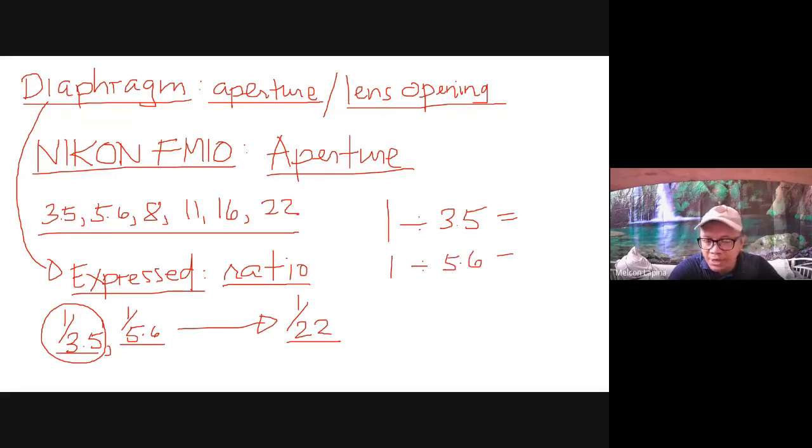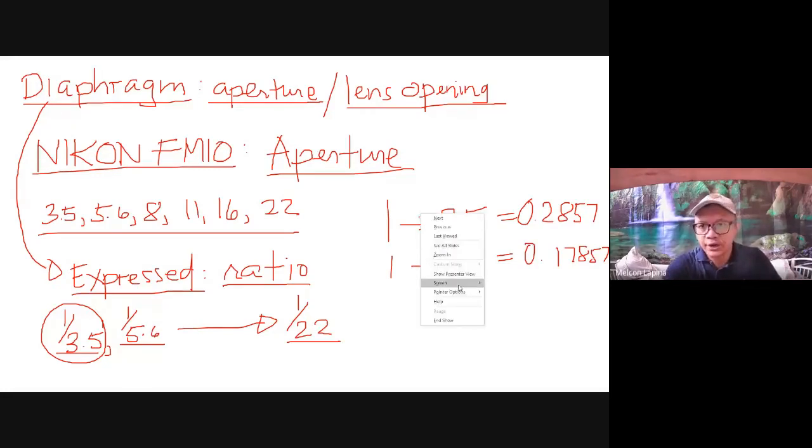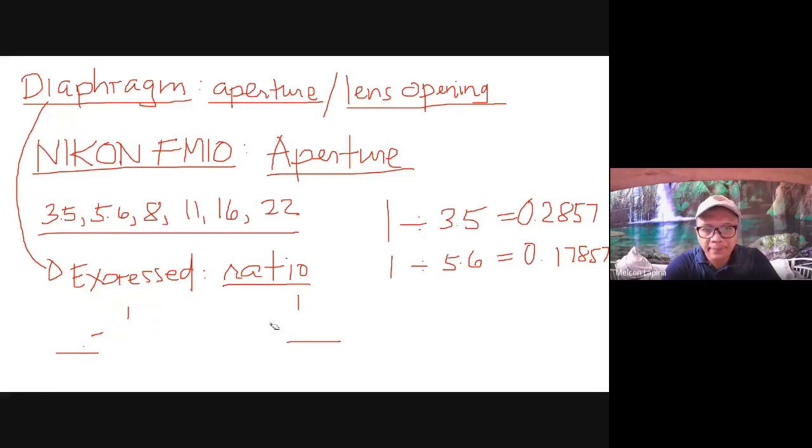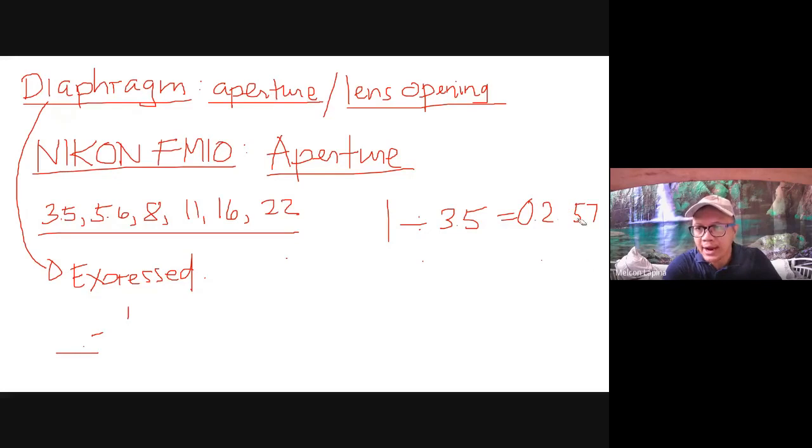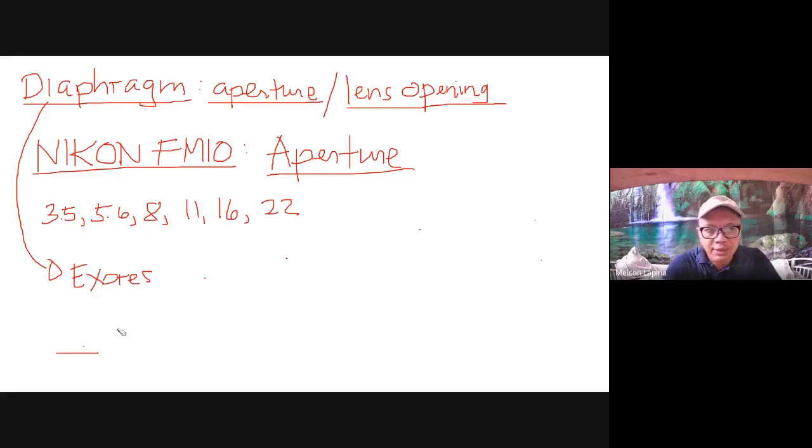Ang lalabas na resulta, mas malaki ito siya. So, alin sa dalawa ang mas malaki? Mas malaki nga ang 3.5. Yun ang actual na opening. Okay, balikan natin ha. Ang sa aperture, ang sa tinatawag natin na diaphragm or lens opening, they are expressed in a fraction or they are expressed in a ratio.